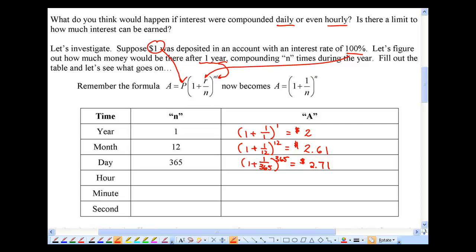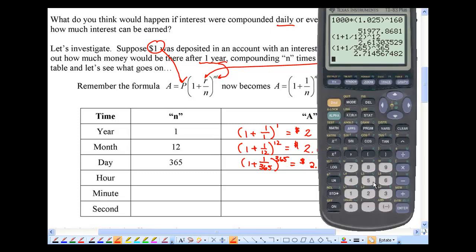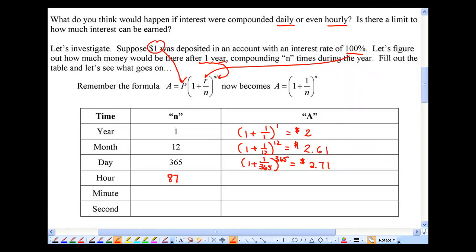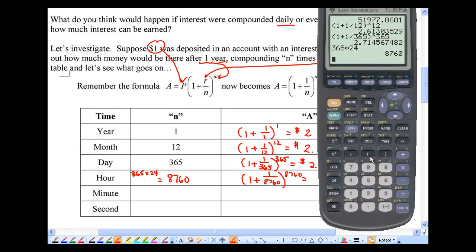Well, let's see what happens if I do it every hour. Now, how many hours are in a year? If we're assuming 365 days in a year, then 365 times 24, because there are 24 hours in a day. That's 8,760. So 1 plus 1 over 8,760, to the power of 8,760. Let's see what you get.